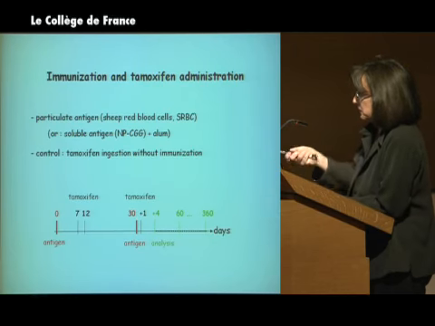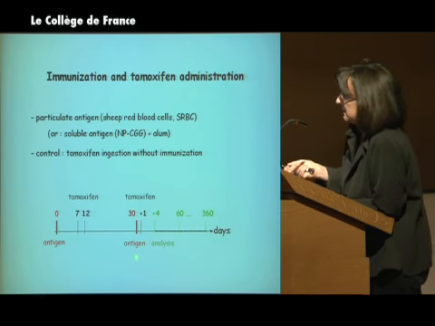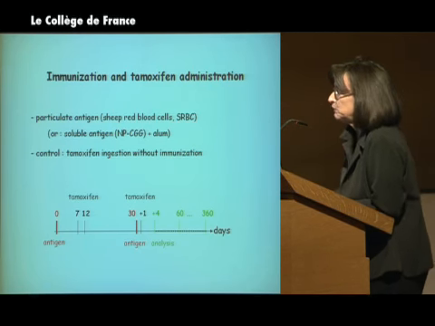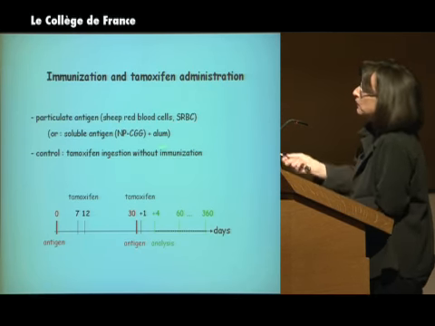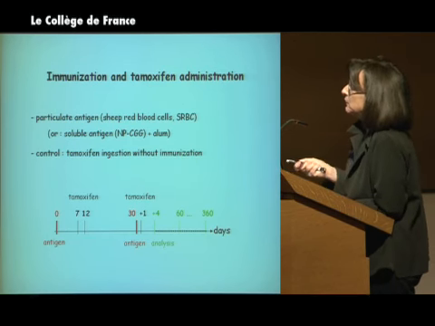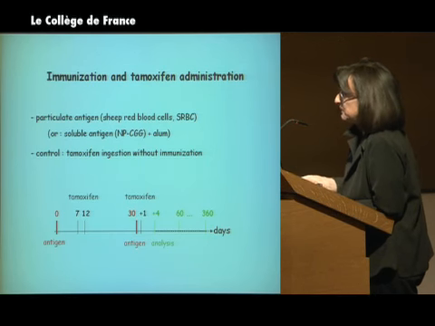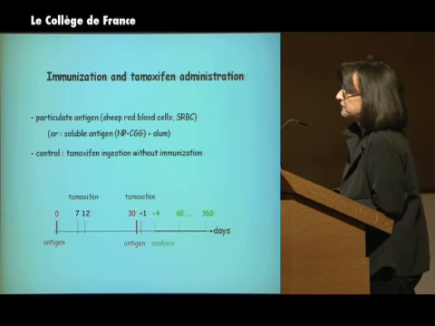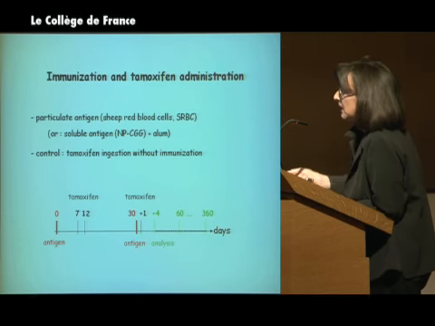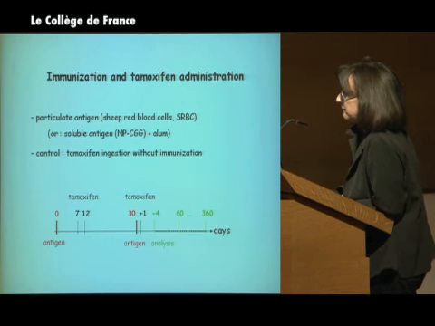And the protocol that we follow is two consecutive immunizations with sheep red blood cells. We also use NP-CGG as a control, and we also did control animals without immunization. And we have three stages of tamoxifen feeding, twice after the first immunization and once after the second one.